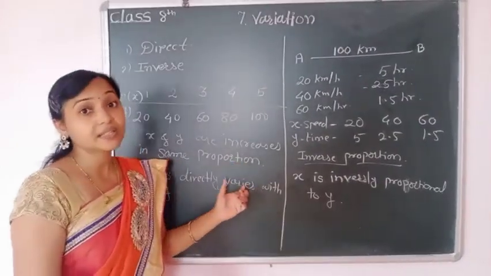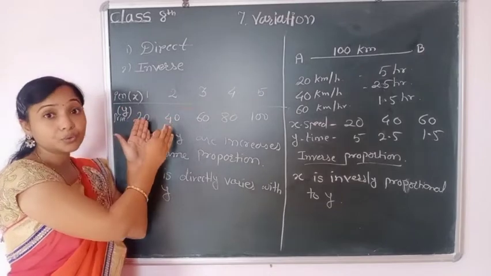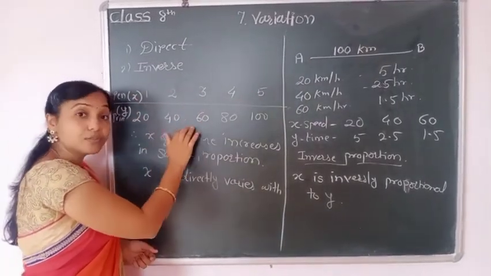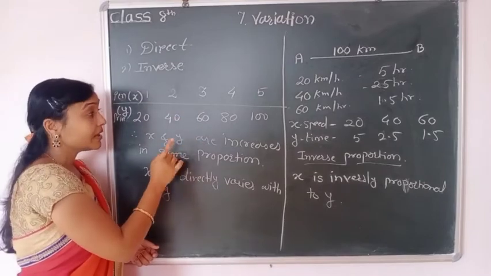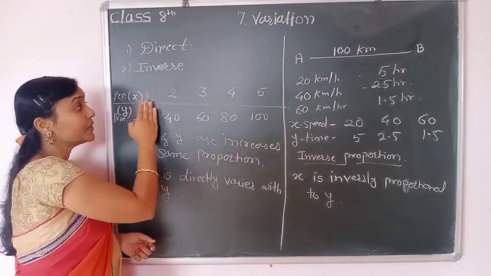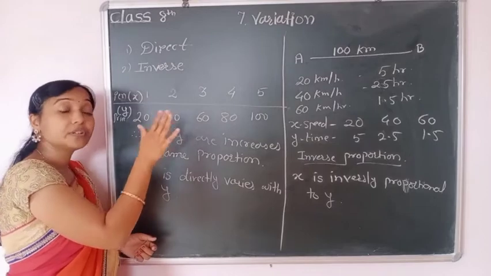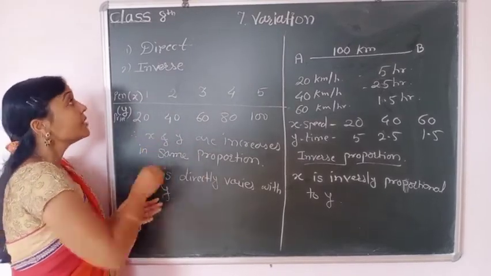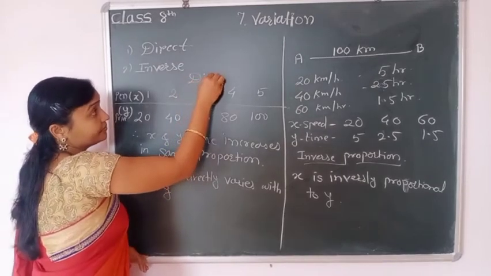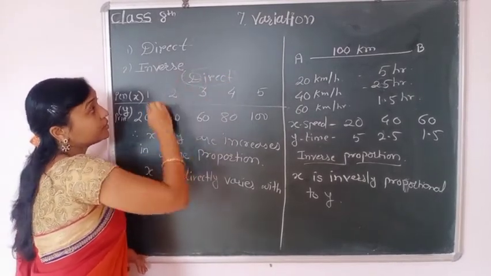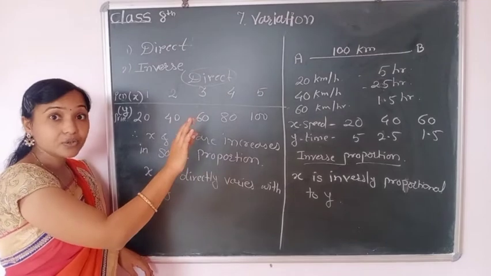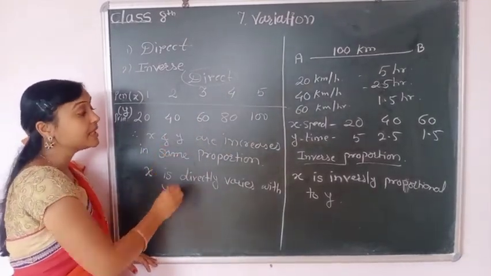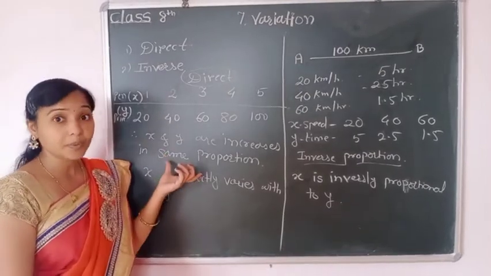Remember these things. If we have two quantities, and the first quantity is increased, then the other quantity also increases in the same proportion. Otherwise, if the first quantity is decreased and the other quantity also decreases in the same proportion, then it is a direct variation or direct proportion.